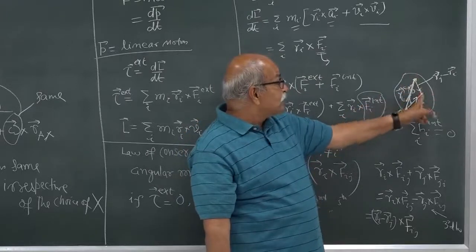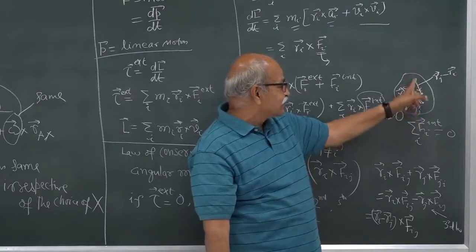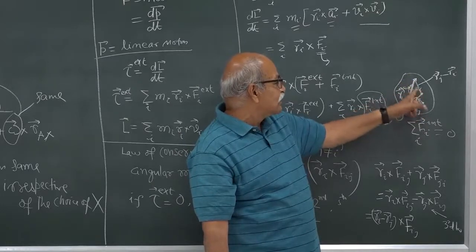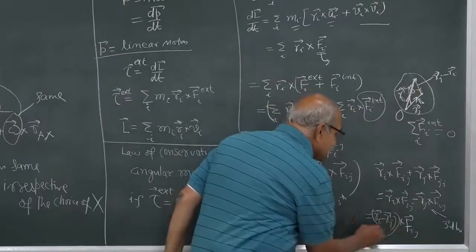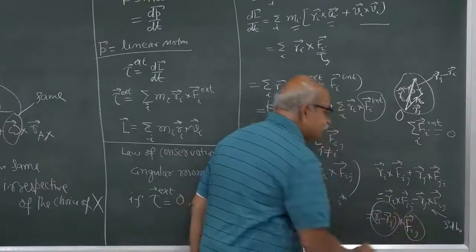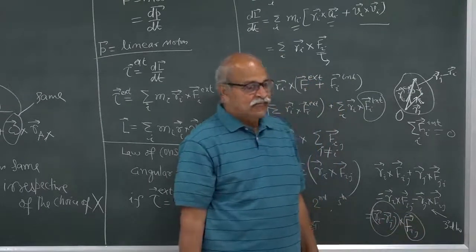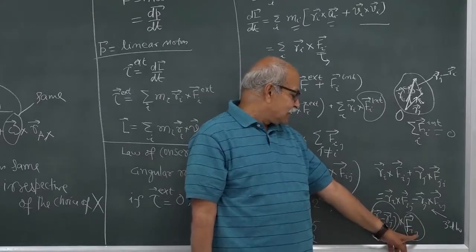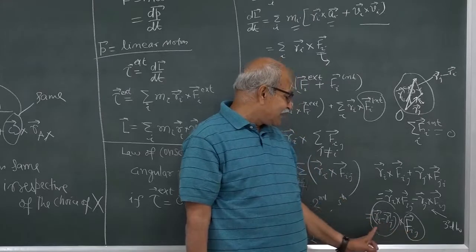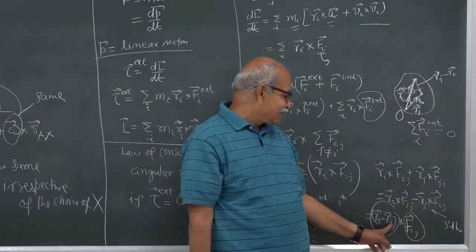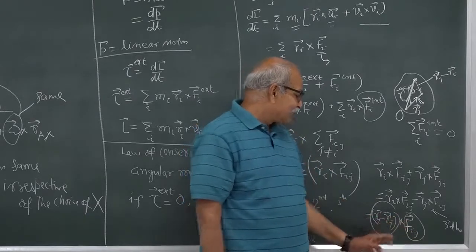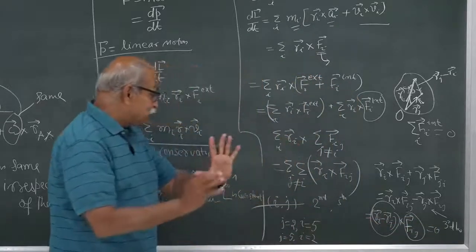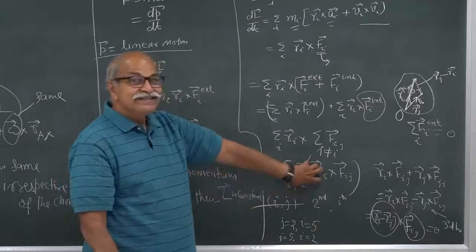If the force is along the line joining the two particles, then this vector and this vector are parallel, and then this cross product will be 0, and then I will be sure that this whole thing will be 0.